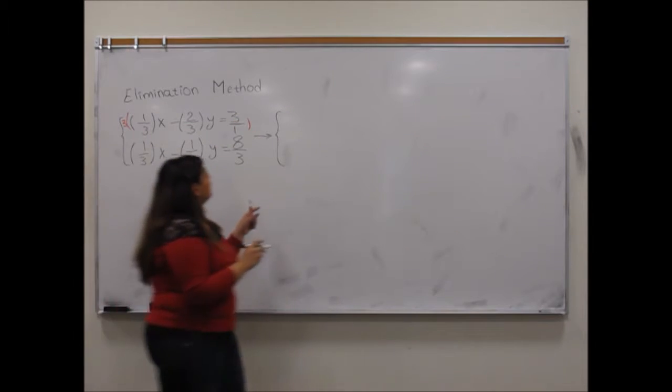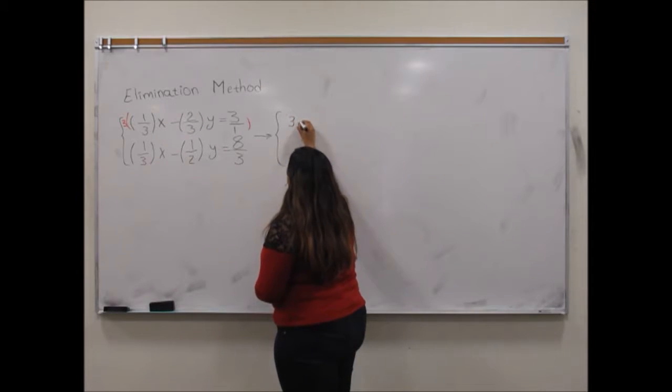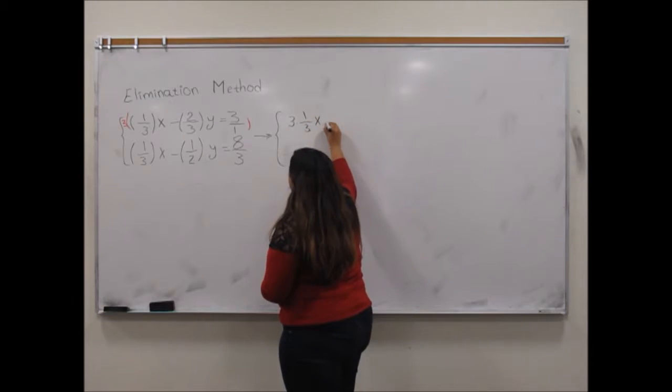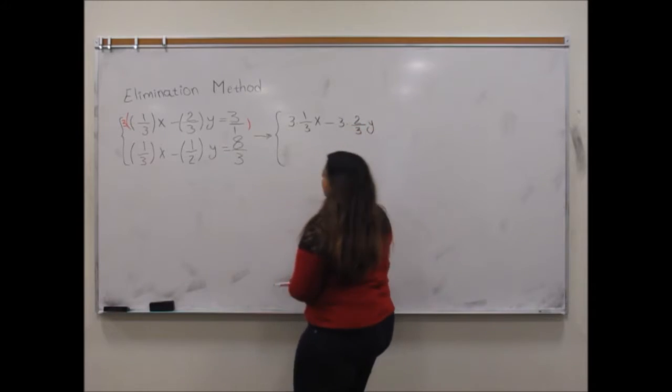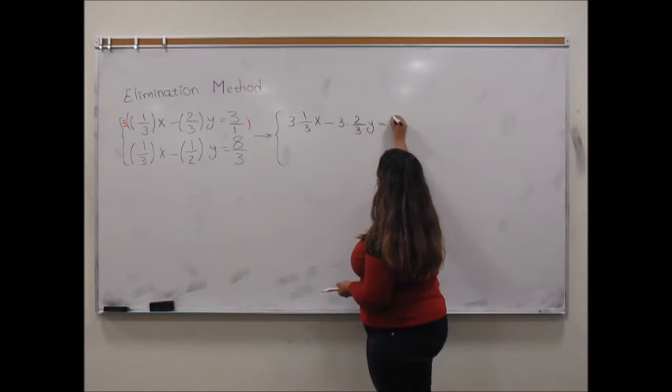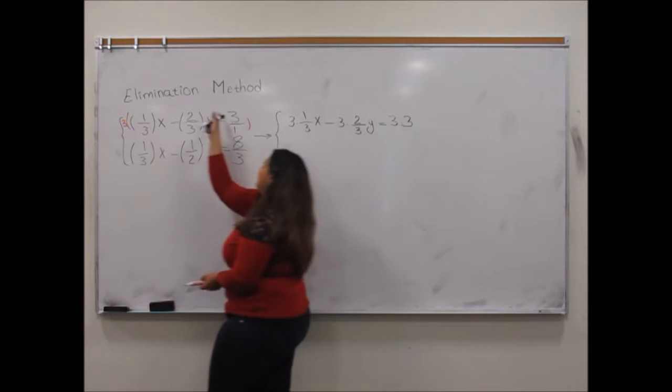I'm going to get 3 times 1/3. I'm going to write that down. So 3 times 1/3 x minus 3 times 2/3 y equals 3 times 3. So I have to multiply that by that 3 too.